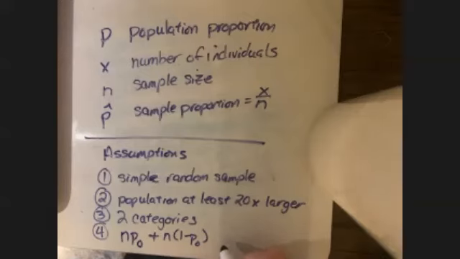I think this is, hang on. I'm checking something. Yeah. Or at least 10. Okay. Now, this P naught thing that they're talking about here, this is going to be the P value that is in the null hypothesis.